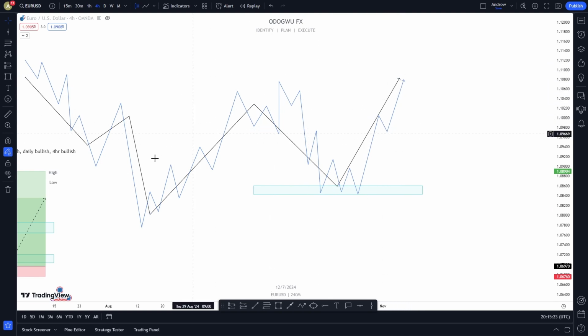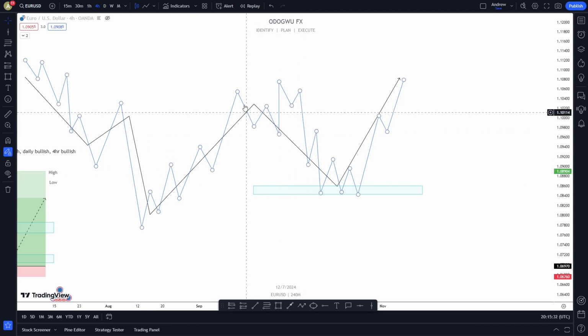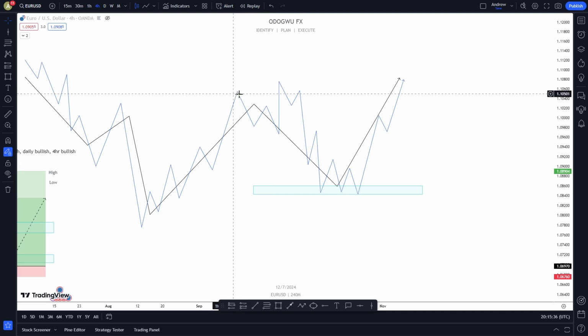But over here you are seeing multiple highs and lows being printed on the lower time frame, and then we are seeing price breaking structures. So we have higher highs. This high broke this high, and then we have price coming back down to break this low. So at this point price is now bearish.